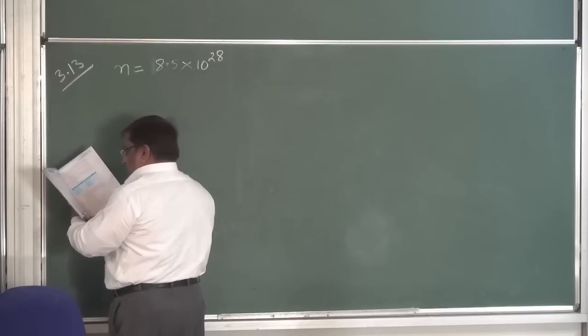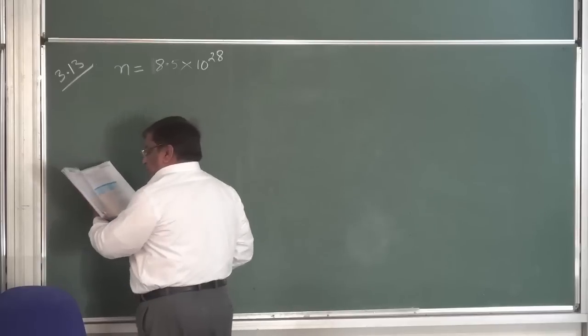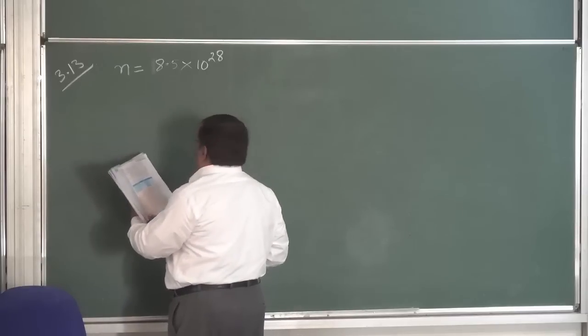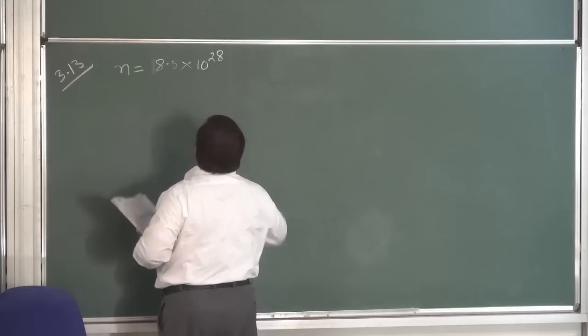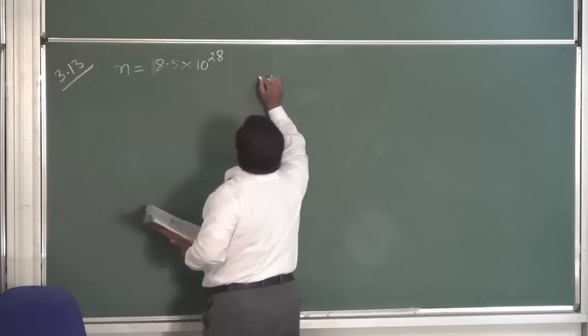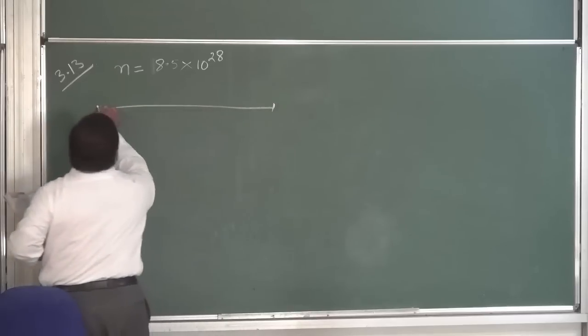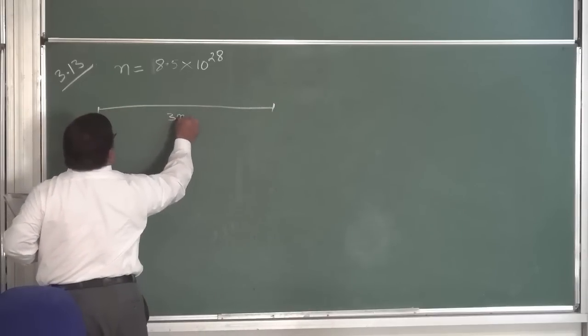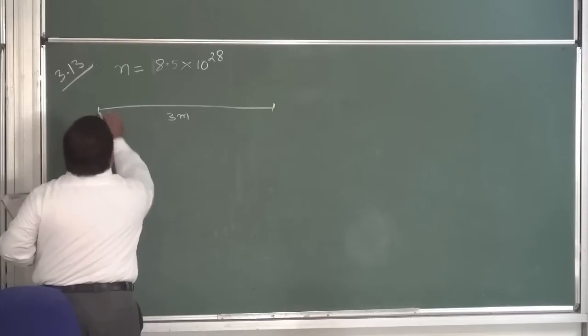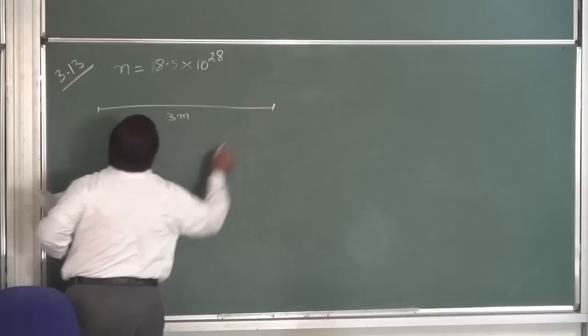How long does an electron take to drift from one end of a wire 3 meter long? There is a wire, this is 3 meter. How long does it take from this point to this point?